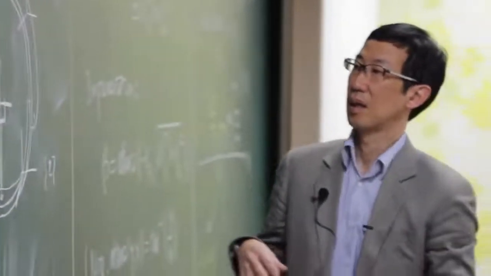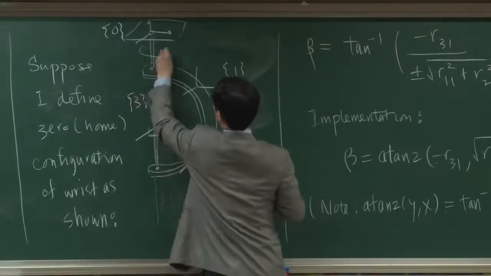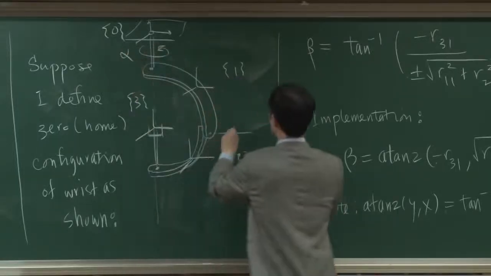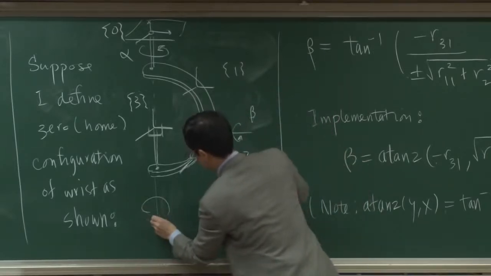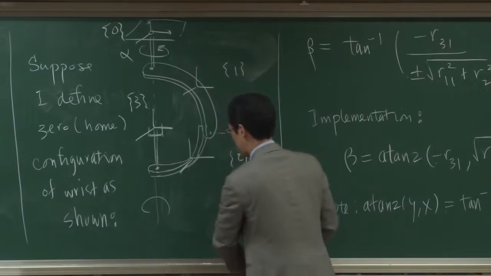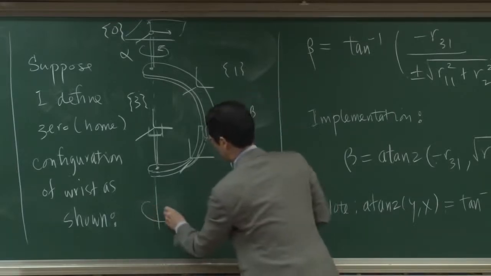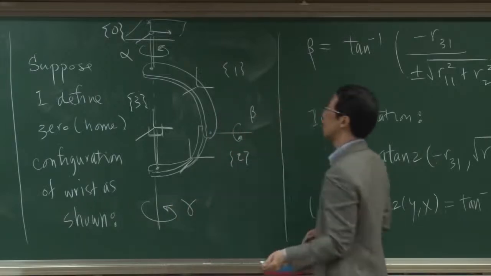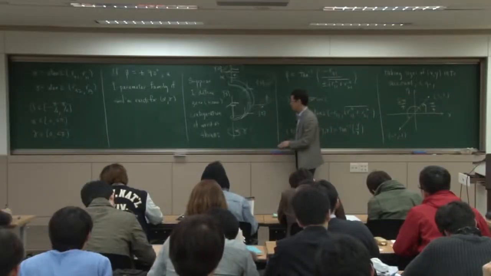And then angles are defined in this way. This is alpha, this is beta, and let's just define it this way, gamma.